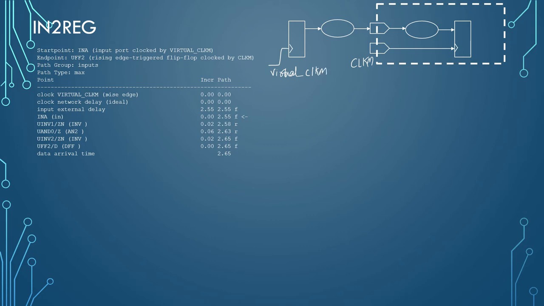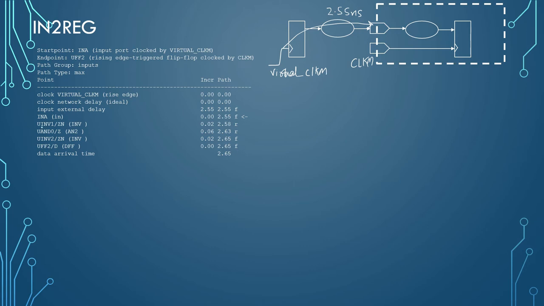This is the name of that clock. It is coming from here, and the input external delay is 2.55 nanoseconds. That means the delay coming from here till this point of this port is 2.55 nanoseconds, and the total path delay till now is 2.55 nanoseconds.